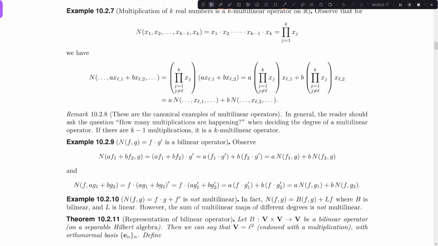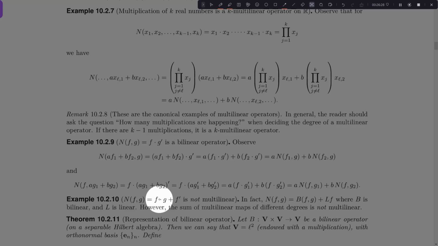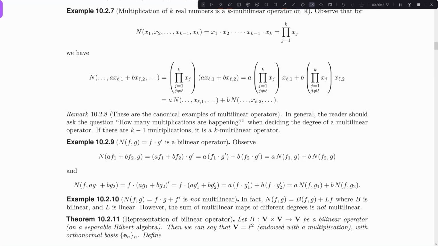If I jump down, I have an example of something that's not multilinear because I have a multiplication here. So that term by itself would be bilinear. But if I decide that my nonlinear operator needs to add f prime onto things, then that switches things, right? Because there's no multiplication on the f prime term. And when there's no multiplication on the f prime term, that can't be bilinear.